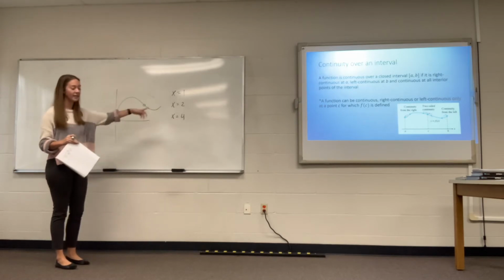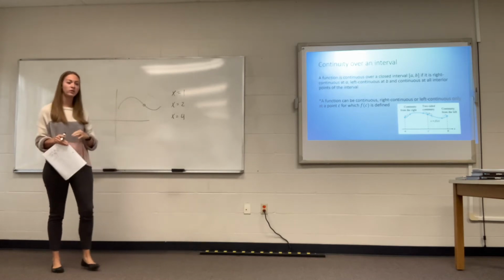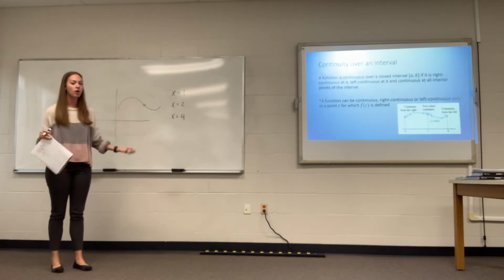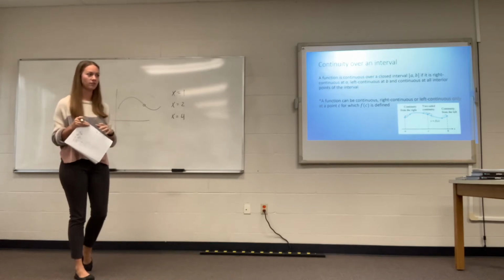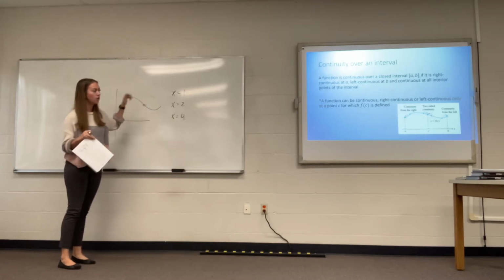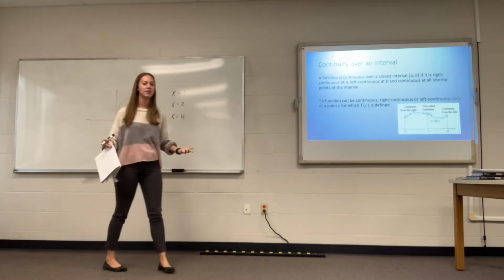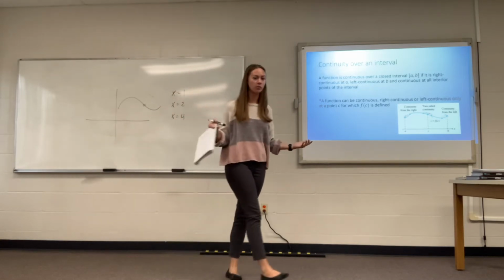Every single point has to be defined in order to be continuous. So when you see open circles, you can automatically know that you're not going to be continuous, because obviously that's a break in the graph. You have to pick up your pencil in order to draw that, so it can't be continuous. Unless every point's filled in, it's not going to be continuous.